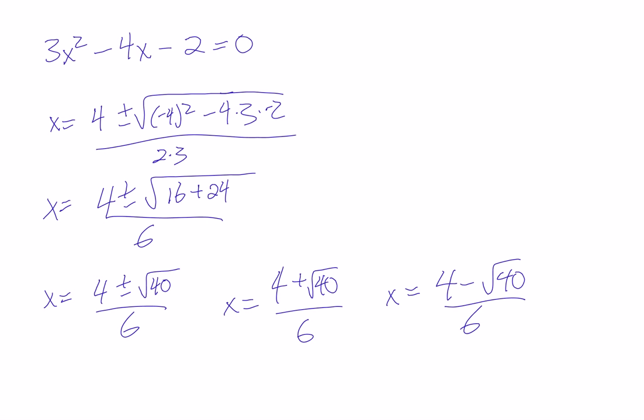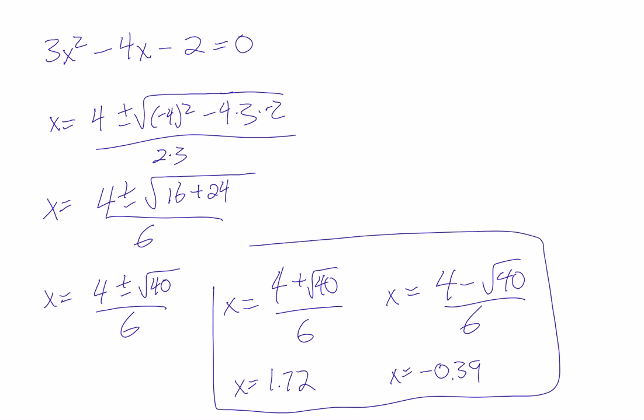If for whatever reason you wanted to get the actual answer, you would just type in 4 plus root 40 divided by 6, and that gives us approximately 1.72. And we could go 4 minus root 40 divided by 6, and that gives us approximately negative 0.39. Okay, so either leave it as a square root, or you can simplify it down to a decimal.